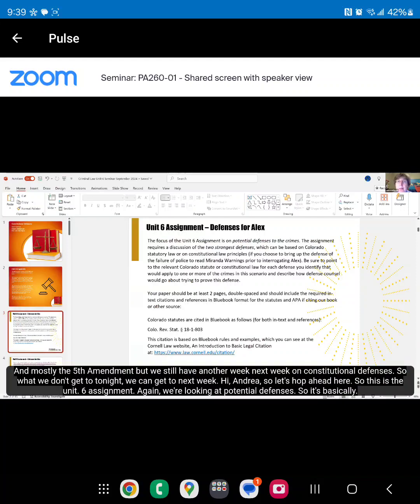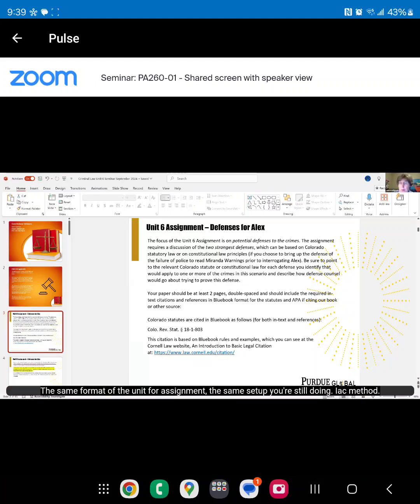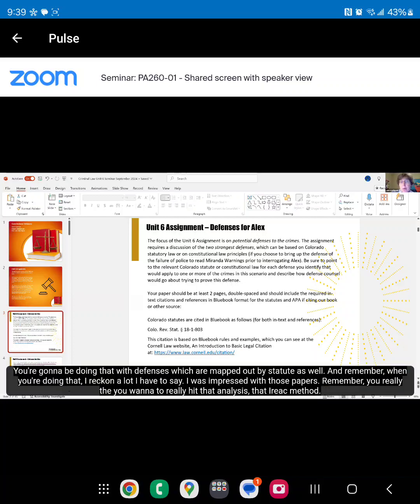So this is the Unit 6 assignment. Again, we're looking at potential defenses. It's basically the same format as the Unit 4 assignment, pretty much the same setup. You're still doing the IRAC method, but instead of identifying crimes and applying the wording of the statutes to the actual facts to determine if you've met the elements, you're going to be doing that with defenses, which are mapped out by statute as well. And I have to say, I was impressed with those papers.